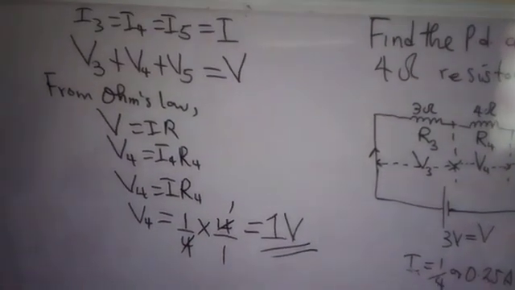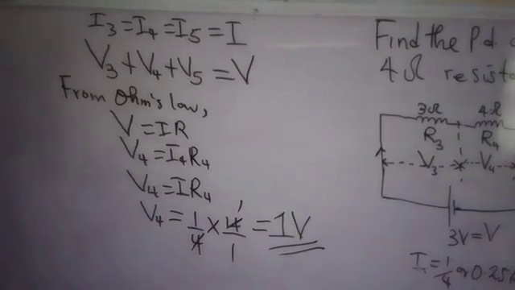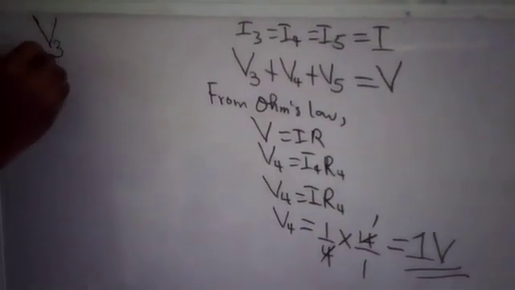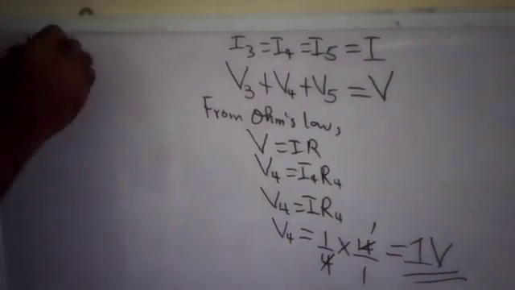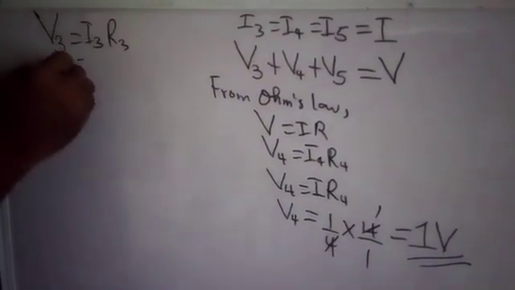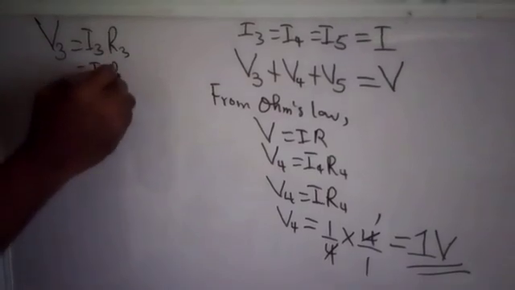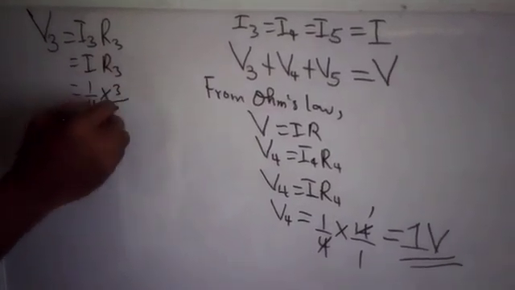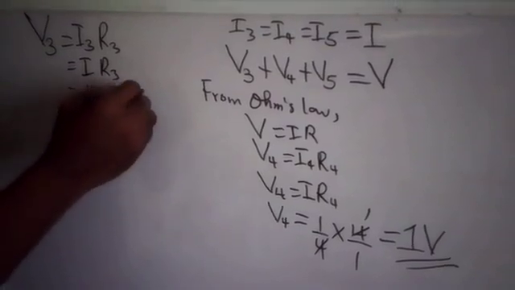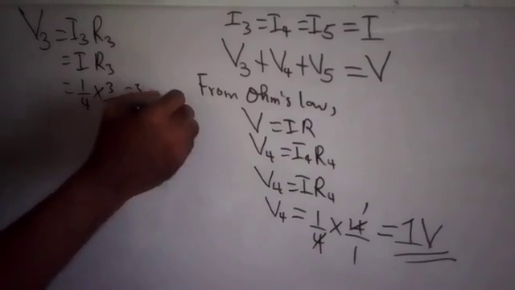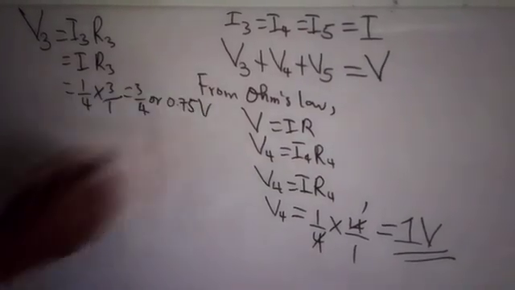Now, just to help make sure you are correct and you trust what you are doing, use the same formula, or the same pattern, to find the strength of voltage required to pass current across the 3 ohm resistor. So this is I R3, which is 1/4 times 3. This will give you 3/4 or 0.75 volts.